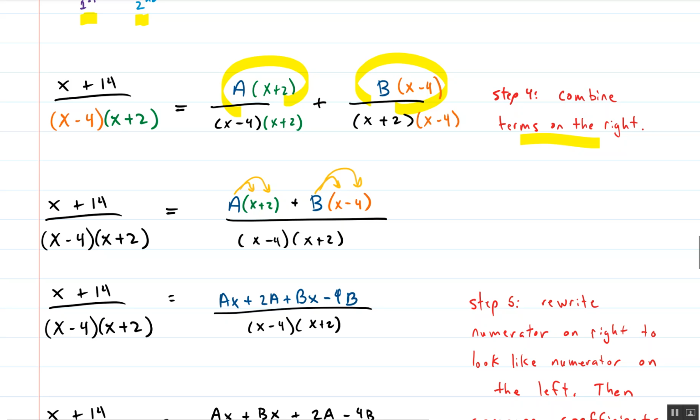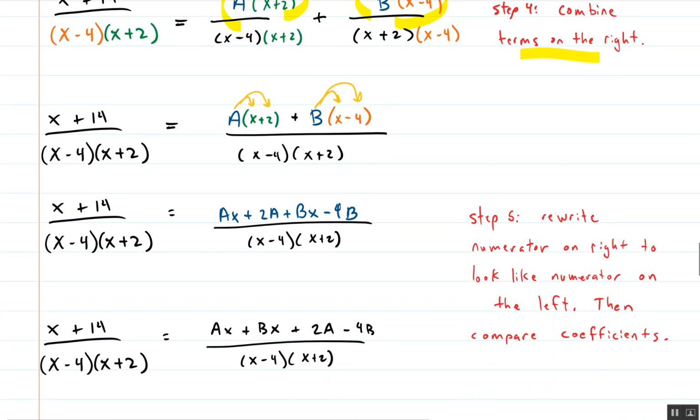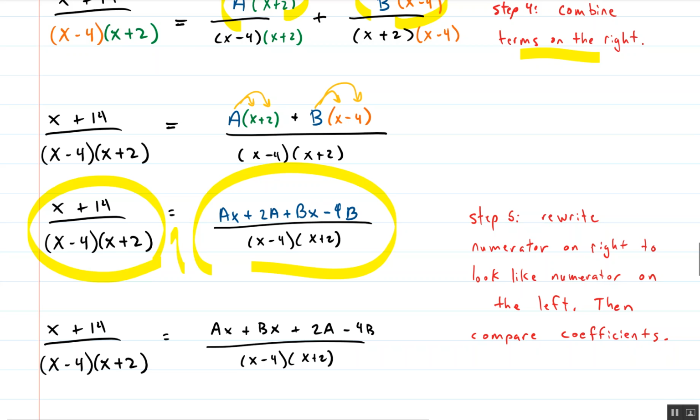So now we look at this and we need to rewrite the numerator on the right to look like the numerator on the left. And then we're going to compare the coefficients. In other words, we have two fractions here. A fraction on the left, a fraction on the right. We are saying that they're equal to each other.